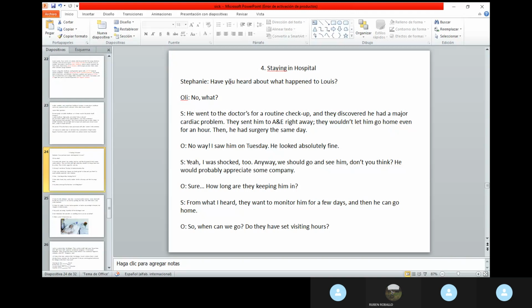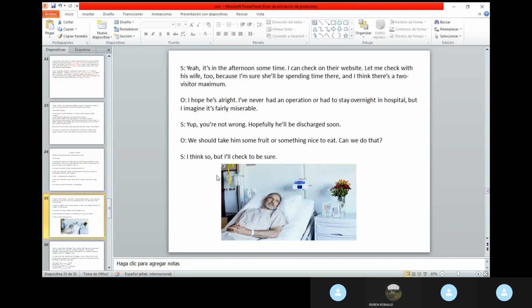From what I hear, they want to monitor him for a few days, and then he can go home. So we can return. Do they have set visiting hours? Yeah, it's in the afternoon. Sometime I can check their website. Let me check with his wife too, because I'm sure she'll be spending time there.